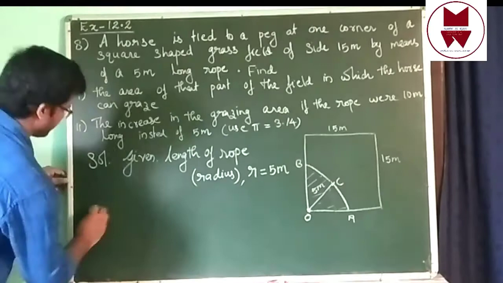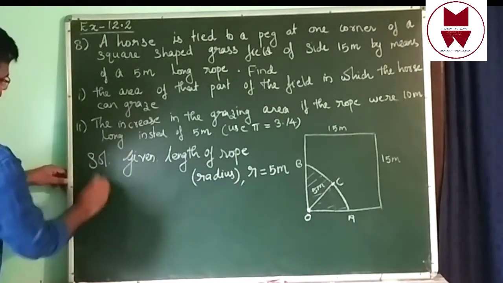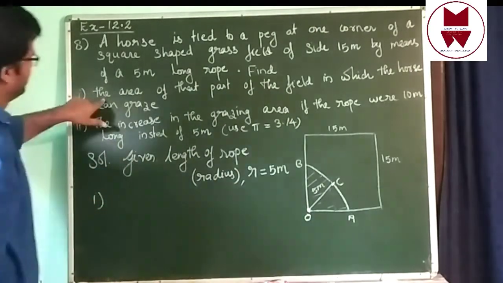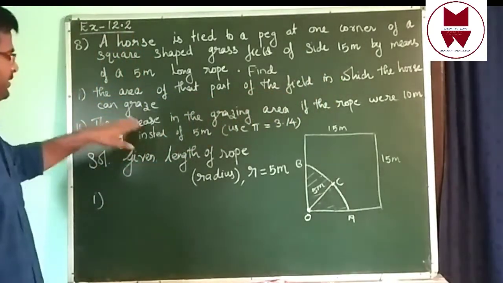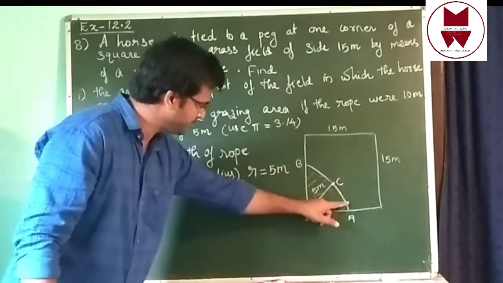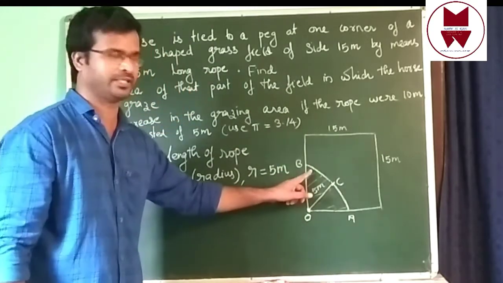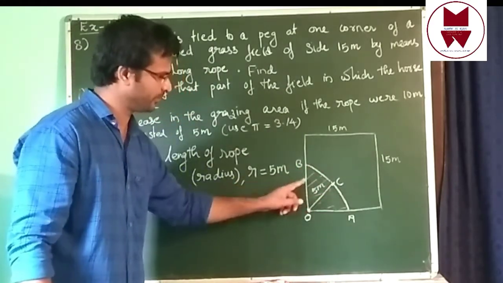Then our question is to find the area of the part of the field in which the horse can graze. That means we have to find this area, which is one sector only.